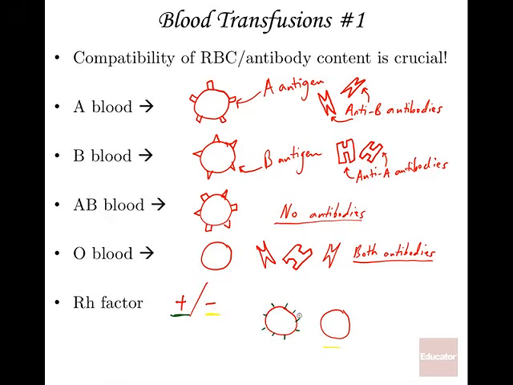And if you introduce, let's say, O positive blood, your body could actually end up attacking those red blood cells with antibodies because you're not used to it. So if you're AB negative, they need to give you O negative or B negative or A negative. I'm O positive, so they can give me O negative or O positive. Somebody who's O negative, they don't give O positive to that person.